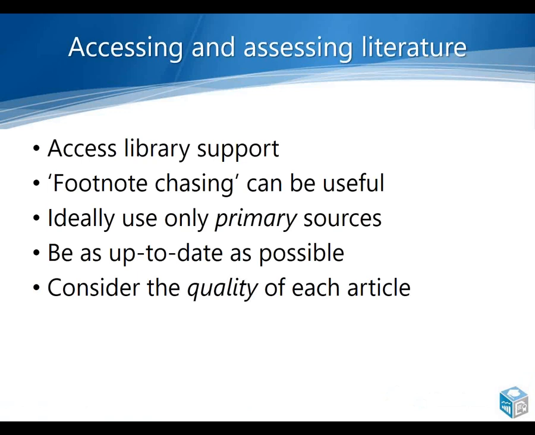Now, when I'm assessing the quality of literature, I like to actually have a checklist for myself of all the things that I'm interested in looking at, and I make a note as well of the overall quality of each article. Now, I make a record of that in my reference management software as a keyword, and I'll be talking about reference management software later on in the webinar.